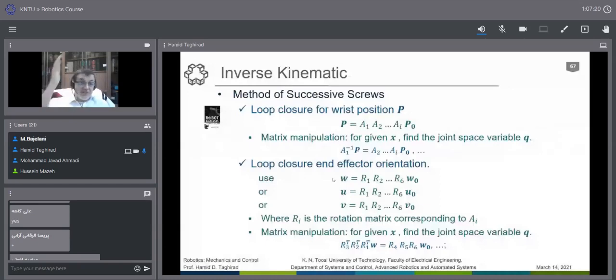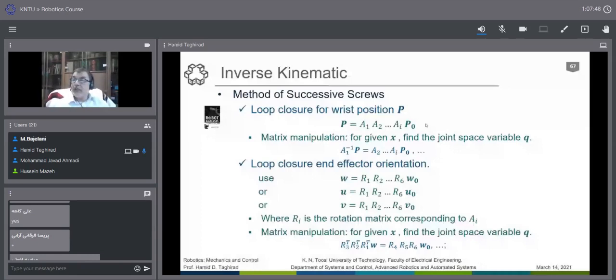We can consider that orientation matrix as 3 vectors, and we can use the magic of screw mapping as we taught here. Any vector in the reference frame multiplied by this gives you the vector in the final prime or target prime frame. This vector could be the orientation vector, U or V or W, the components of the orientation vectors.